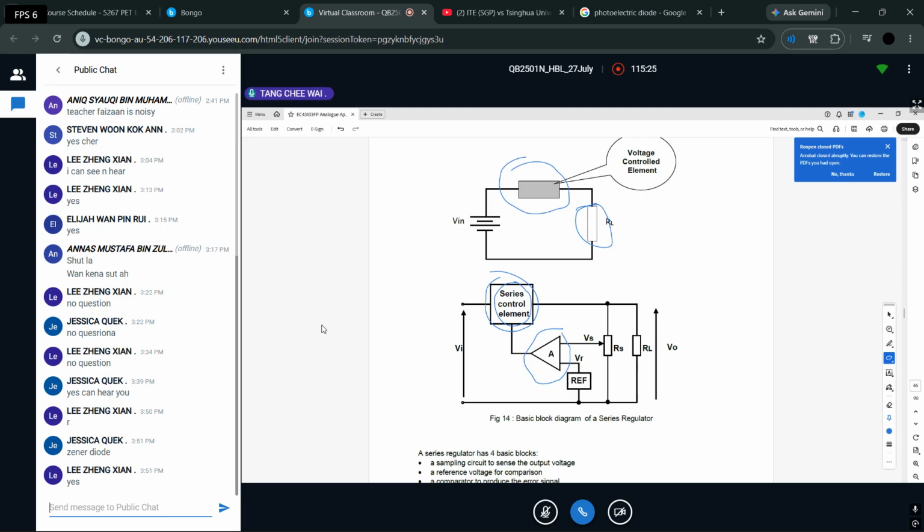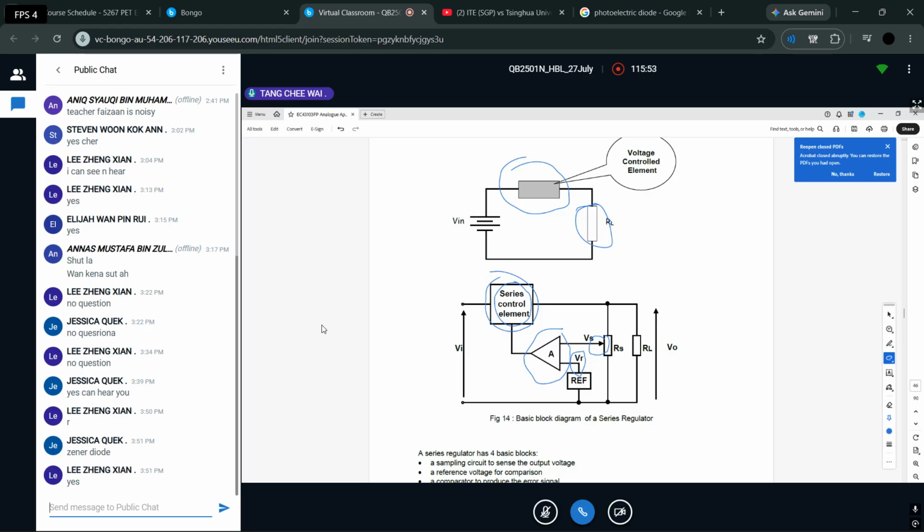Understand? The arrow pointing here means the voltage here can change. But this voltage VS that changes, I will always compare with a reference voltage. What to do? Example, if it's going high, then what should I do at the output here? If too low, then what should I do?